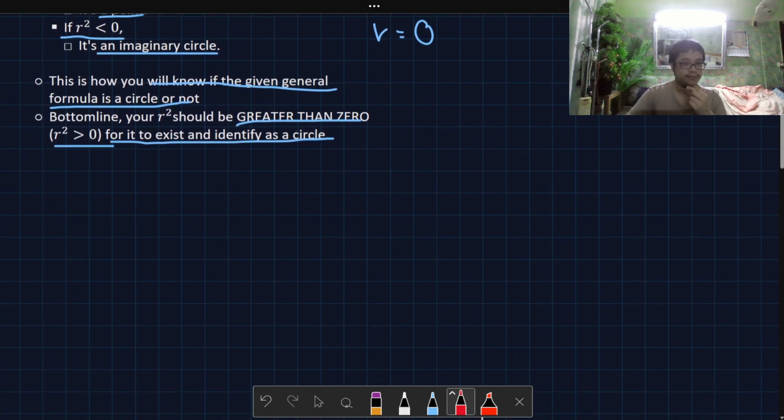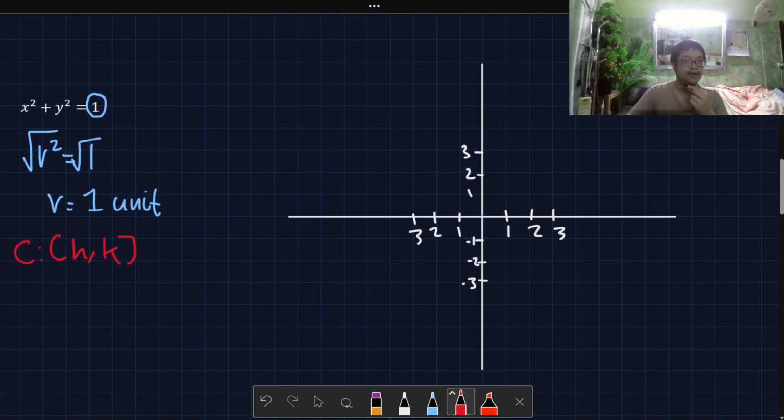However, take a look at this. There's no h and k for x. In fact, it's just x squared and y squared. So how are we going to know the center? The answer for that is 0, 0. Your h is 0, your k is 0. How do I know that?